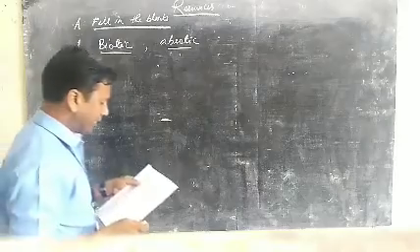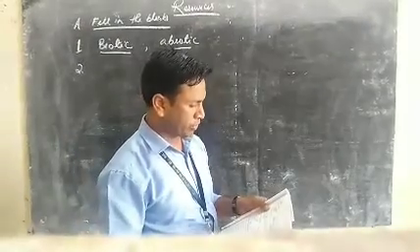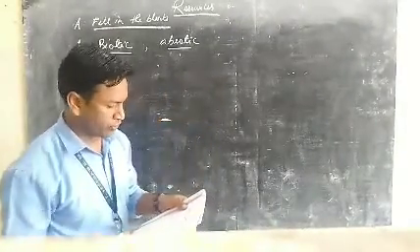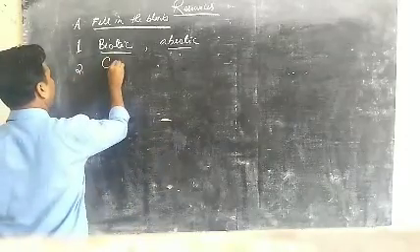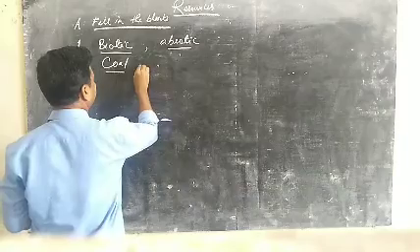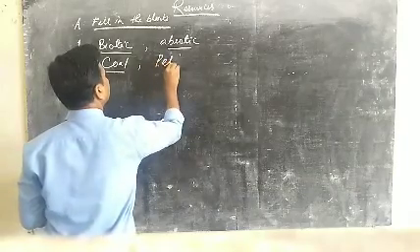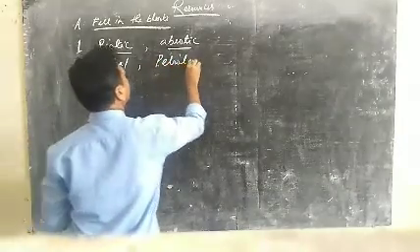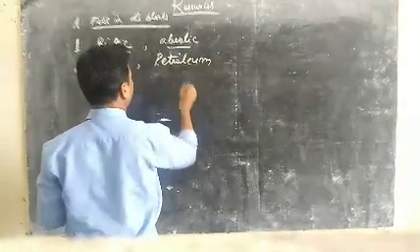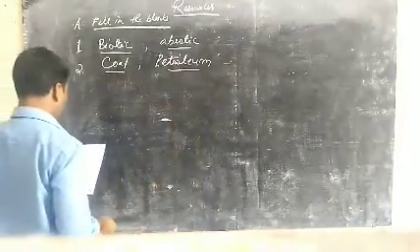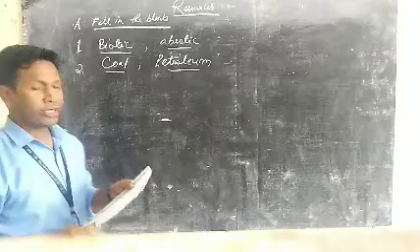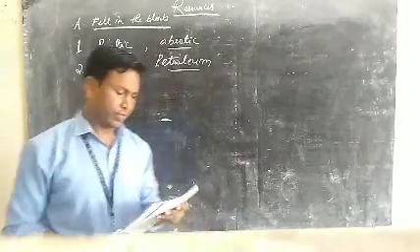Second question: coal and petroleum are examples of the non-renewable source of energy. So you must write coal. Coal and petroleum are examples of non-renewable resources.